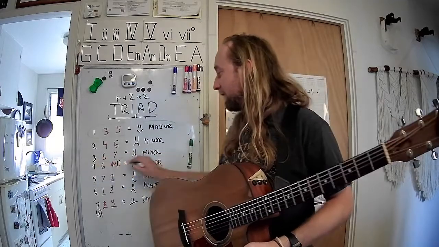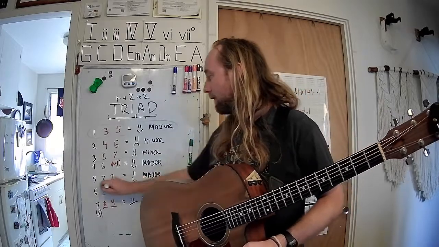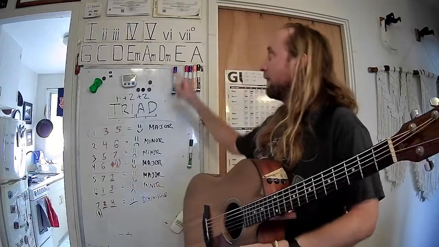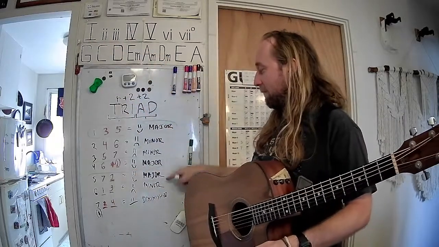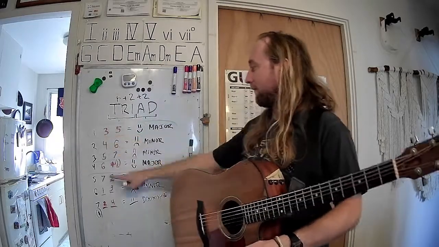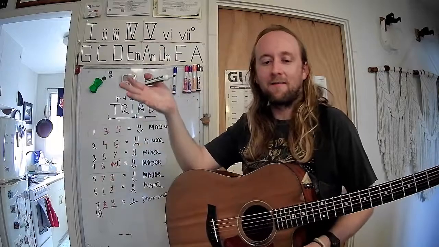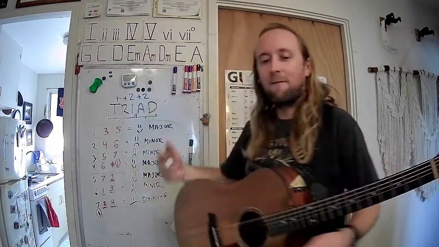It's also a major. And here's 5. It is also a major. Look, those are the only ones that are major. Everything else is minor or diminished. So 1, 4, and 5 are major. Look, 1, 4, and 5, they're all capitalized. So you can translate this as capitalized Roman numerals are major.